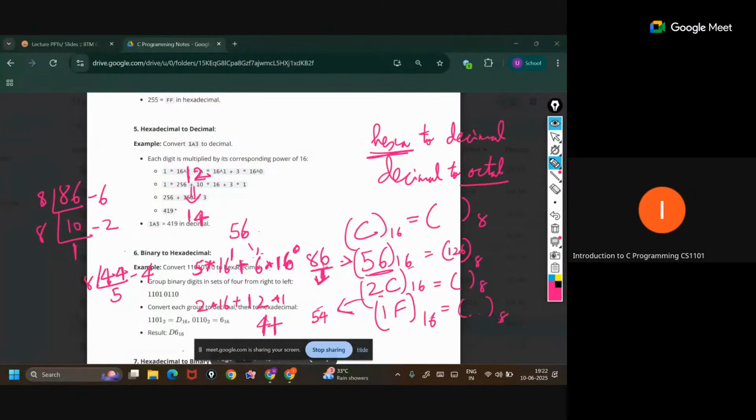Is it clear? Yes, ma'am. And next is 1F. F means 15. So 1 into 16 plus 15, what is the value? 31, right? So 31 divided by 8, 3 and 7, 37, right? Is it clear, people? Ma'am, is it 37 or 35?